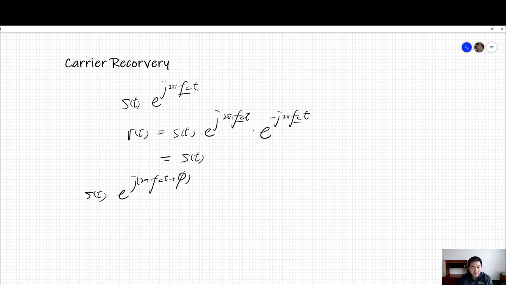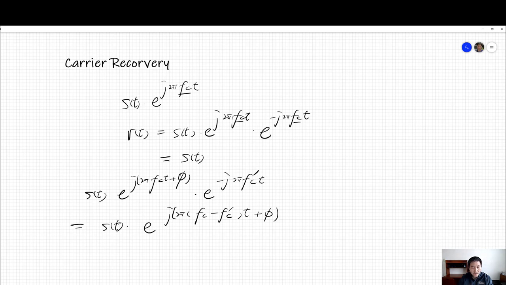And then at the receiver side, we multiply by e to the negative j 2 pi fc t. However, at the receiver side, my carrier is not precisely the carrier at the frequency, so we call it fc prime. Therefore, the signal will be s(t) times e to the j 2 pi (fc minus fc prime) t plus phi.